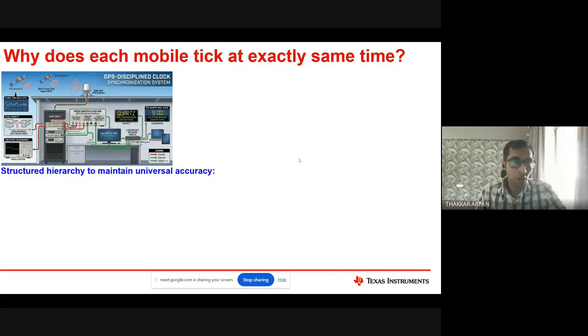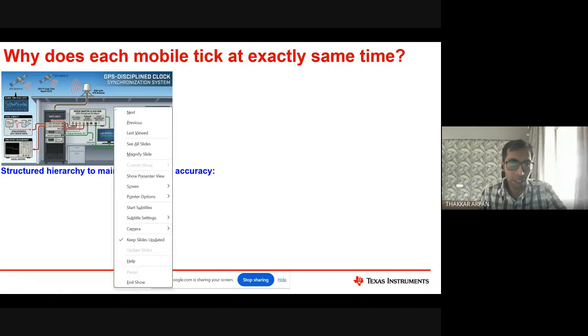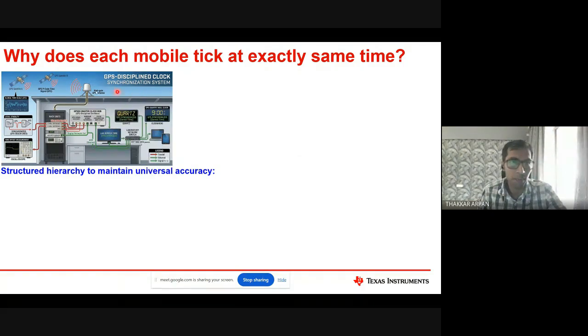If you see this picture, it is a very dense picture, but it is nothing but, first, the GPS disciplined clock. Satellites have a very excellent purity clock, and why it is so, we will also see.